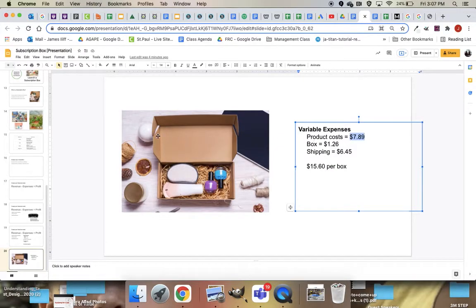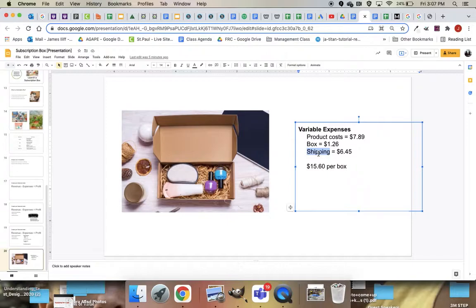Well, hey, what about this box? This box isn't for free. We don't get this free. We have to pay $1.26 for it. And every time we sell a box, that's going to be an expense. So we call it a variable expense. And then, hey, what about shipping? We actually got to ship this box out to customers in Florida, Georgia, South Carolina, Texas, maybe Canada, internationally, who knows?